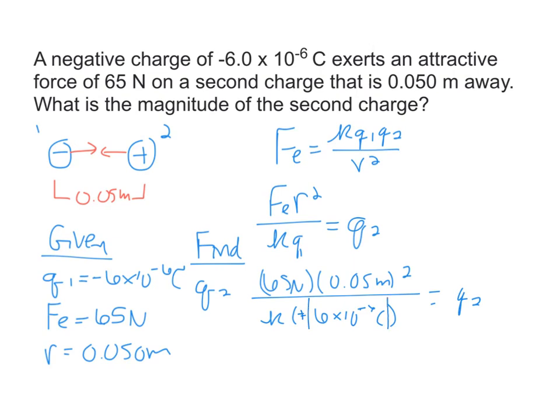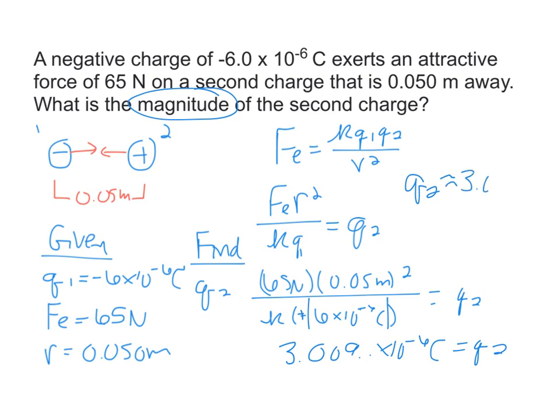This will come out to positive because, again, it is asking for just the magnitude. So this comes out to 3.009, keeps on going, times 10 to the negative 6 coulombs for Q2, 2 sig figs. So Q2 is approximately 3.0 times 10 to the negative 6 coulombs.